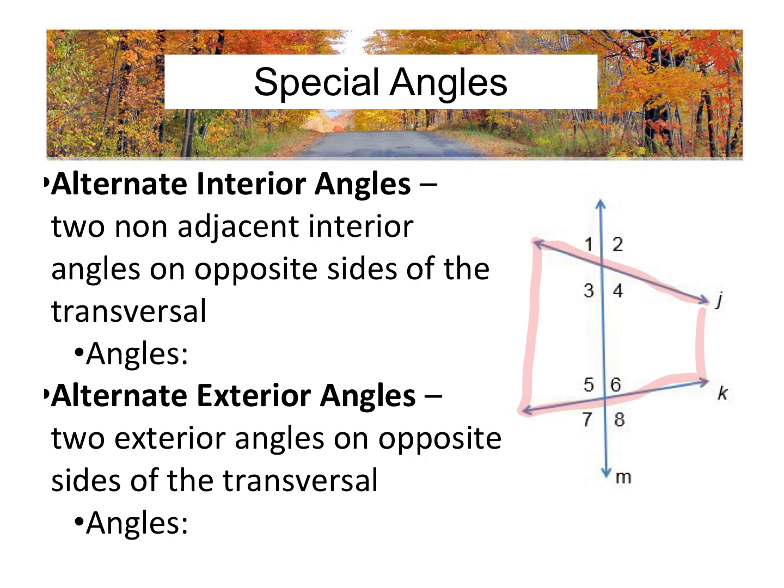Okay. So looking at this figure, who thinks they can point out the 2 pairs of alternate interior angles? So there are 2 non-adjacent interior angles on opposite sides of the transversal.